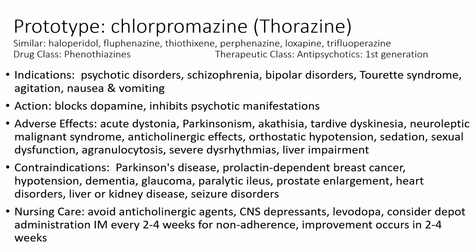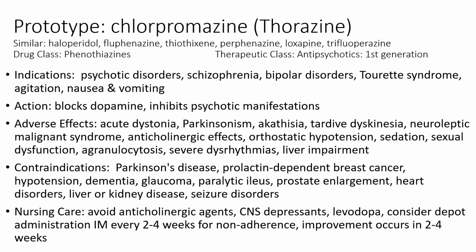Because these drugs block dopamine, and Parkinson's is basically a dopamine deficiency in a part of the brain, if you gave these drugs to someone with Parkinson's, it's definitely going to make them much worse. Okay?